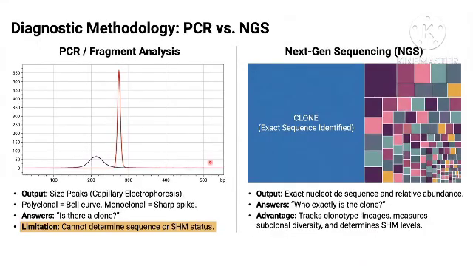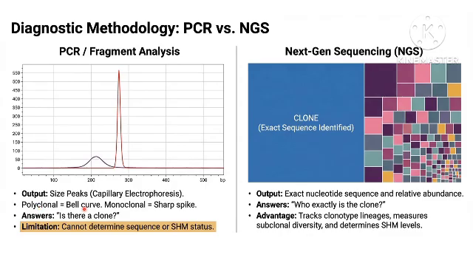So we predominantly use two methods, PCR fragment analysis and next generation sequencing. The output of PCR is size peaks, by capillary electrophoresis. For normal and reactive populations, we see a polyclonal bell-shaped curve, which I've shown you in the beginning of the presentation.